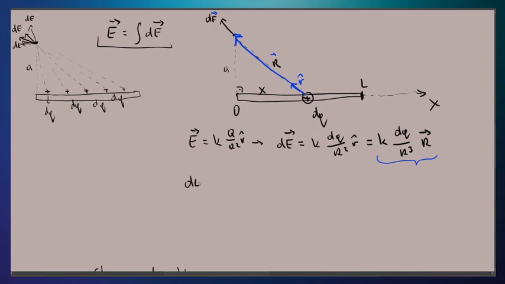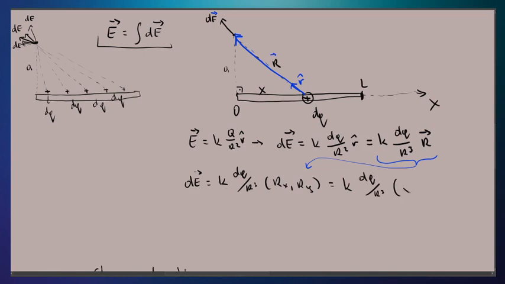So dE is going to become k dq over r cubed, and then I have rx comma ry, because that's my r. And let's take it a little farther here. So it's a vector equation, dq over r cubed, and then what's rx?